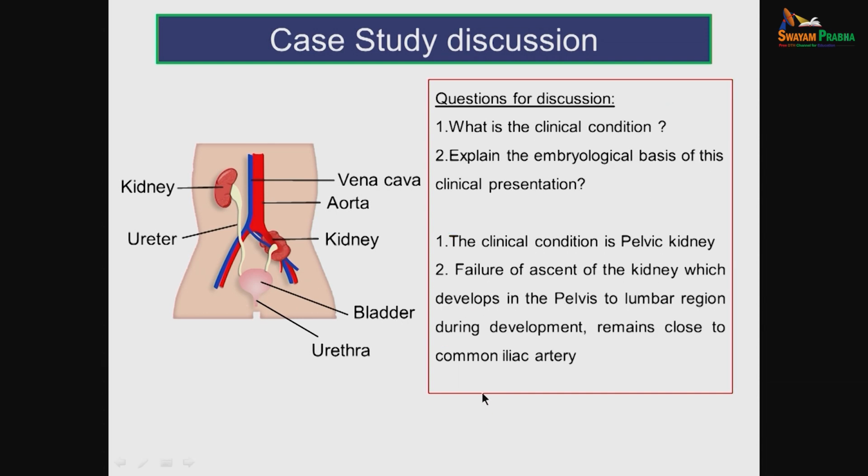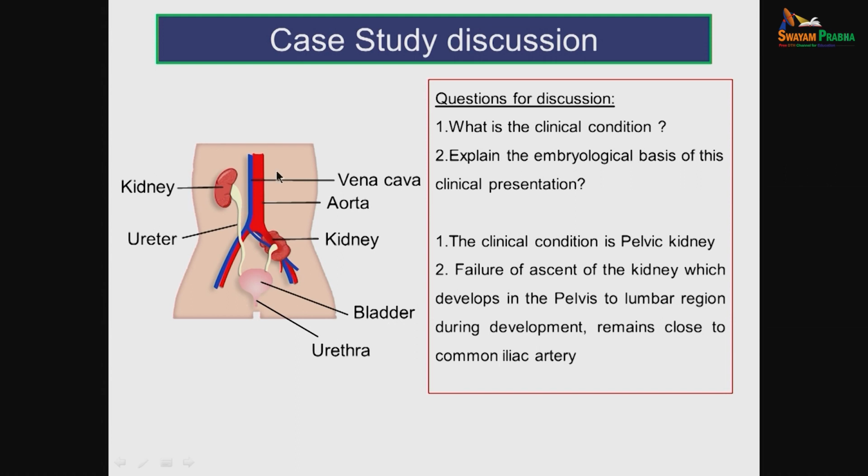So, the cause of this is a pelvic kidney on the left side; the right side kidney has ascended to its normal position. So, it's called pelvic kidney. We have already talked in detail about this. It is mainly because of the failure of ascent of the kidney, which usually develops in the pelvic region.